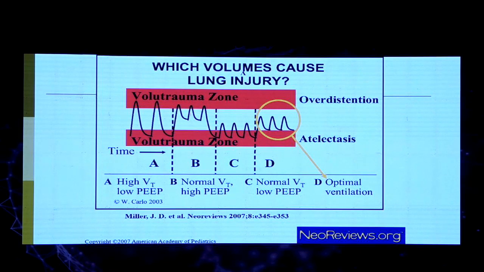The idea here is that with volume target ventilation, we can control for the tidal volume, but that does not necessarily mean that we can eliminate atelectotrauma and recruitment-derecruitment injury, so we have to combine volume target ventilation with an open lung strategy.